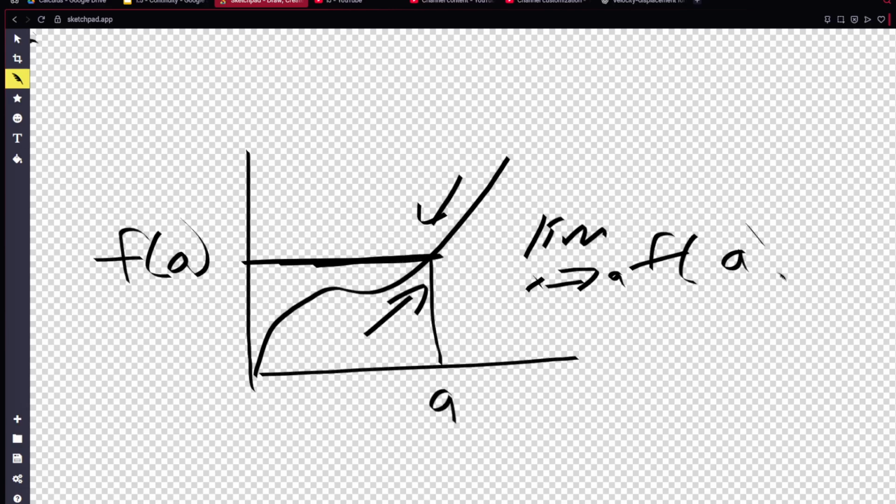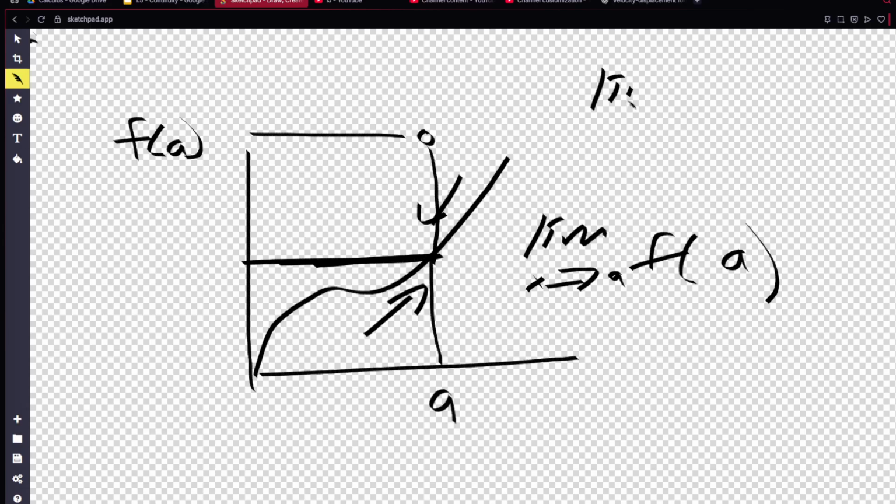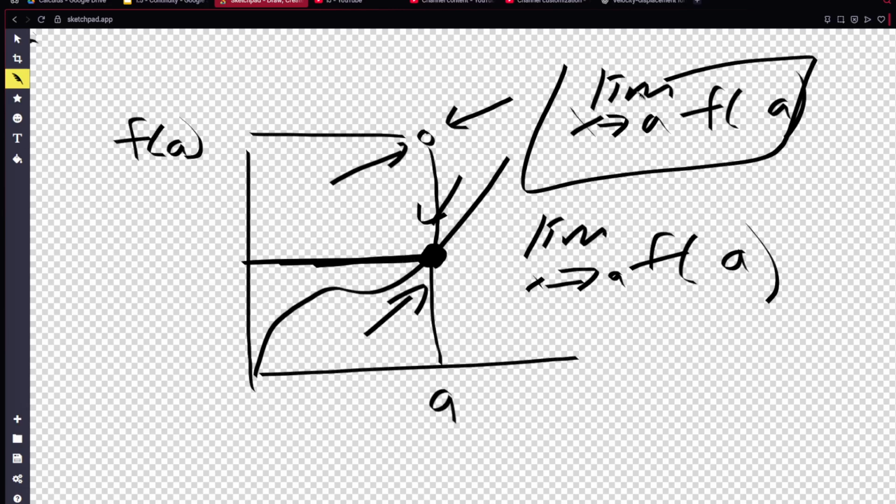The reason is that if f of a is defined somewhere right here, this doesn't work because the limit as x approaches a of f of x is not equal to this. Although this function does have a limit, which would be right here, because remember the limit is as x approaches this point, it's not equal to this, so it's discontinuous.